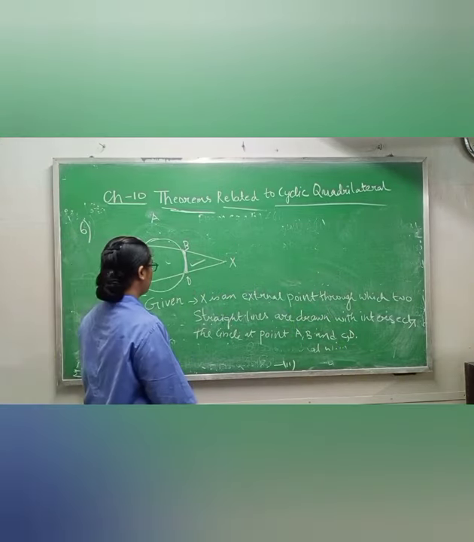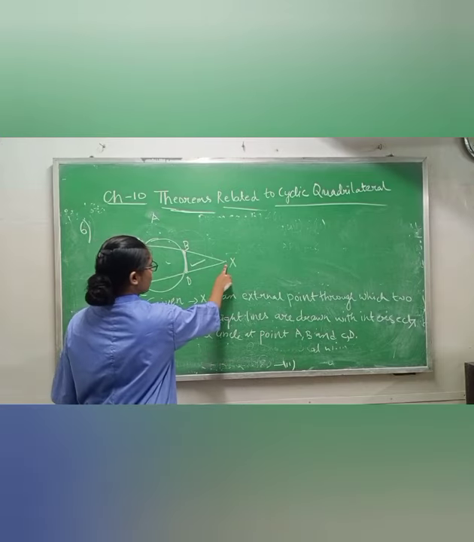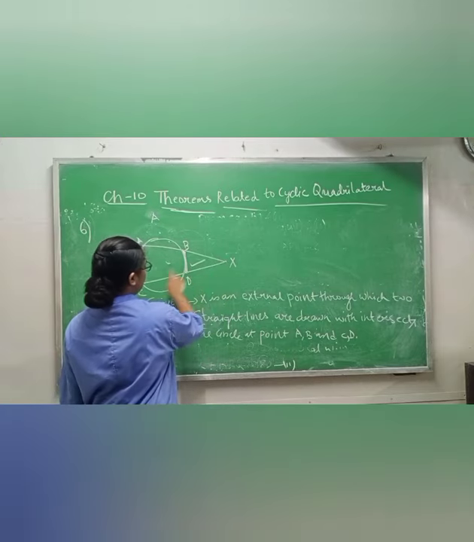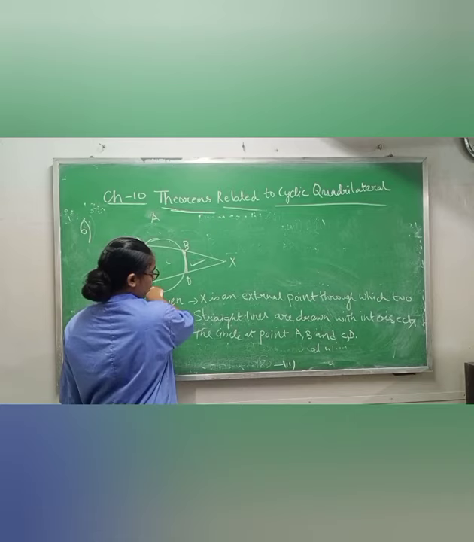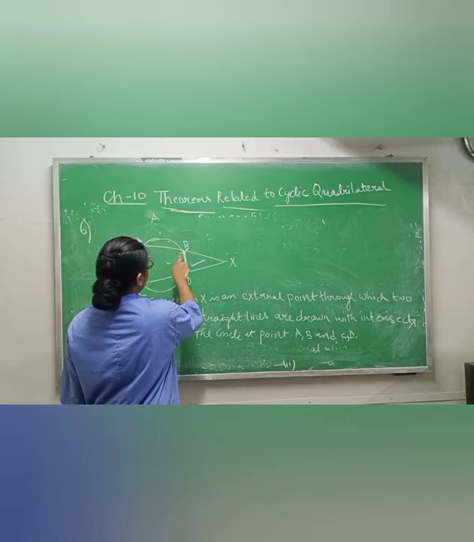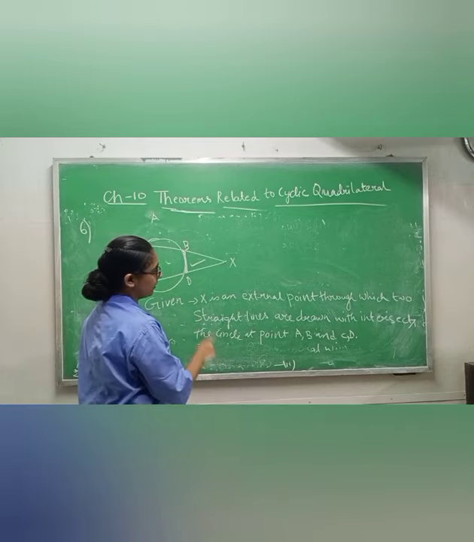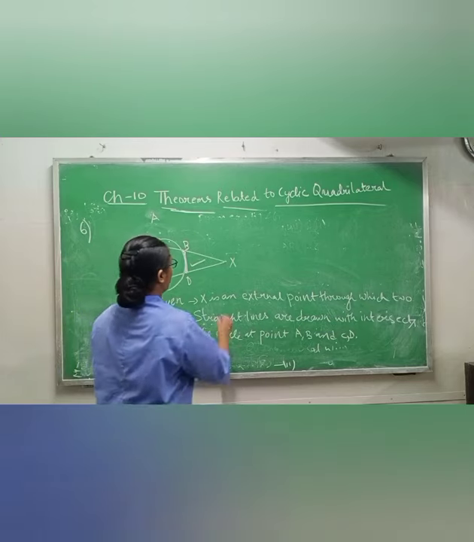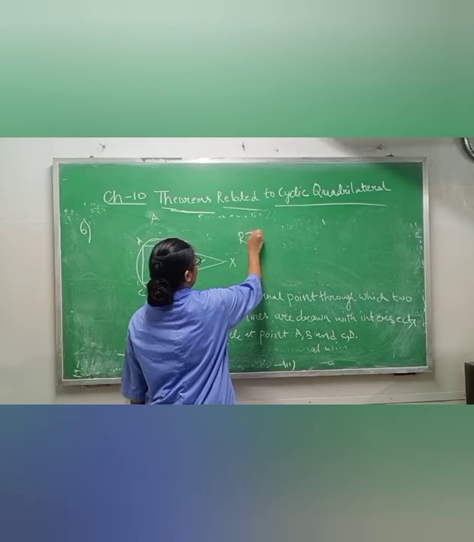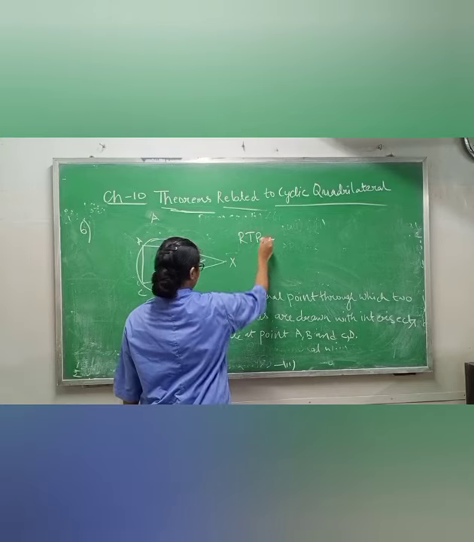Okay, now what you have to prove, again I am explaining. X is an external point through which two straight lines are drawn, which intersect the circle at points AB and CD. That thing I have written in the given part. Now RTP, required to prove, or you can write prove also.